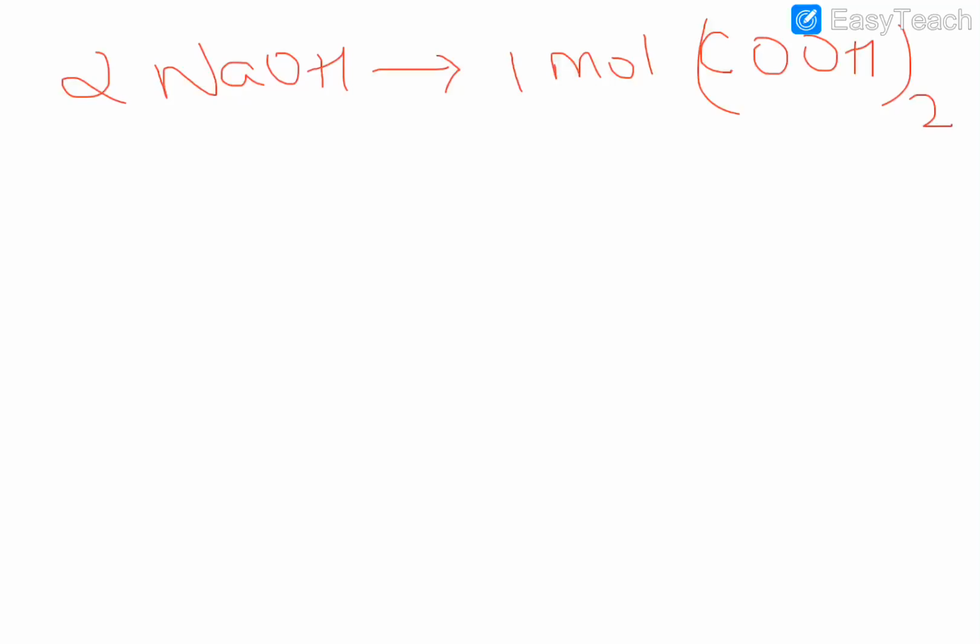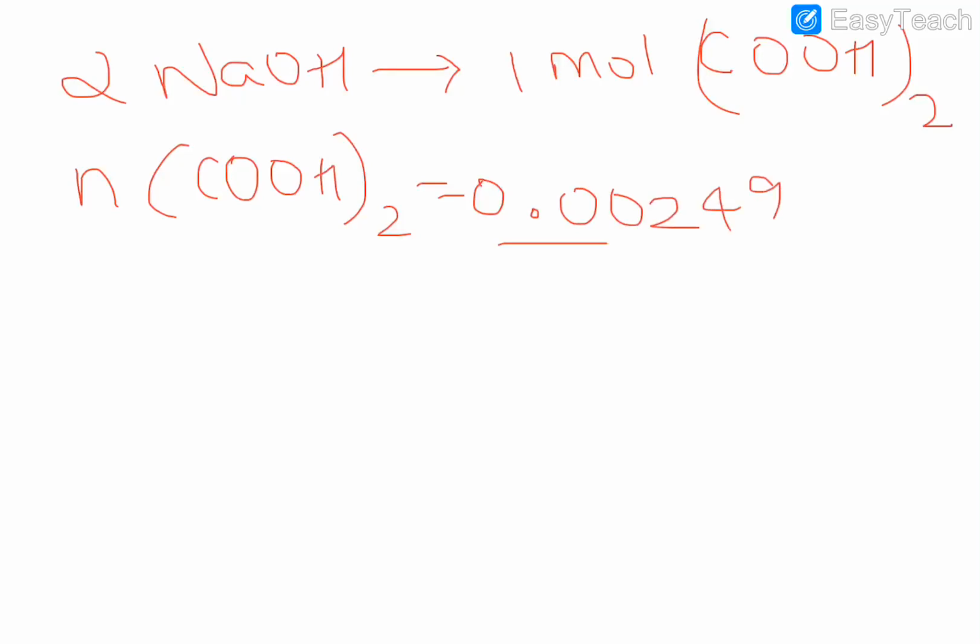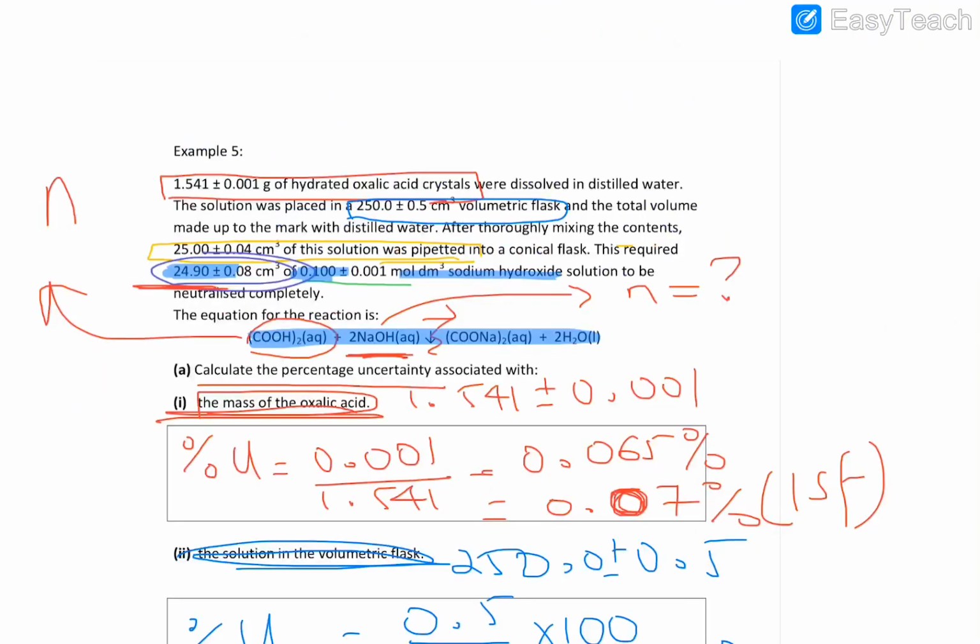So the number of moles of oxalic acid is going to be 0.00249 divided by 2.